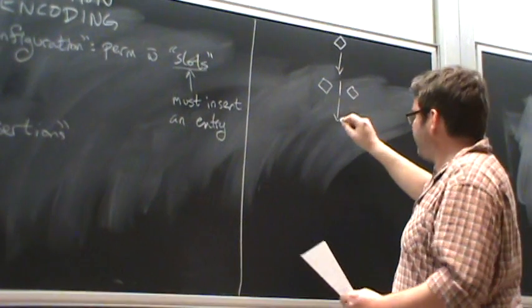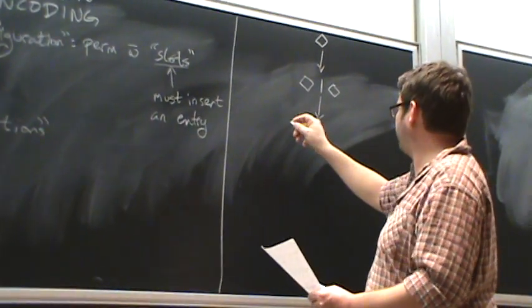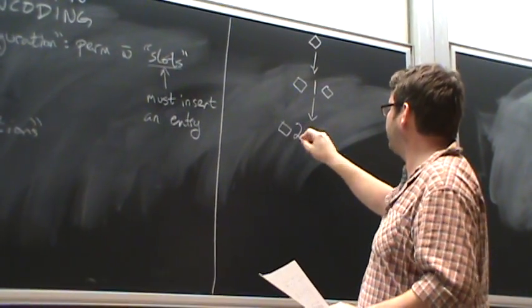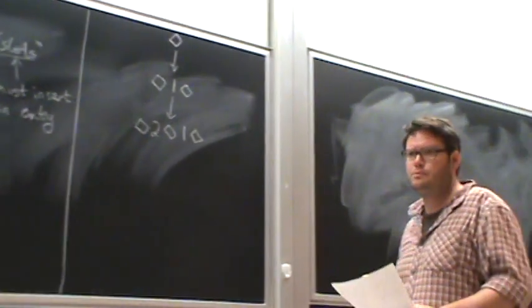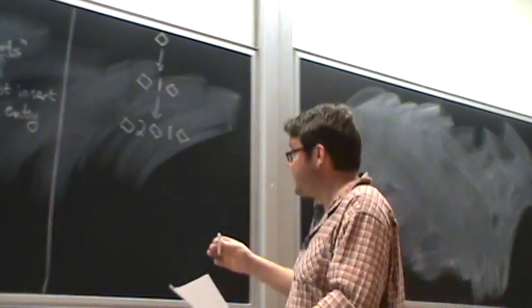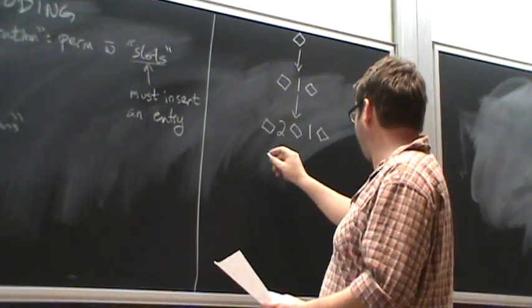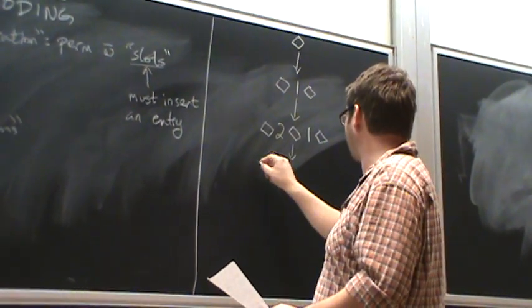And then the next time I'm going to say, okay, the 2 is going to go before the 1. So I'm actually building some specific permutation. You just don't know what it is yet. And now let's say I put the 3 after the 1, but actually I'm going to put it right after the 1.